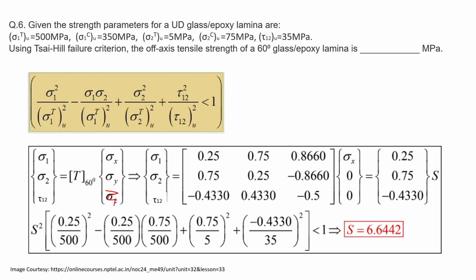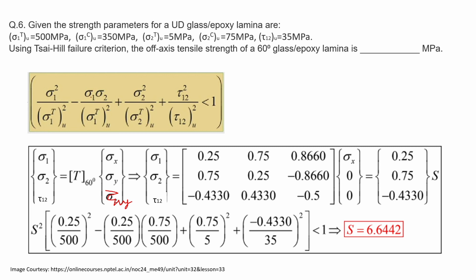Tau xy equal to 0, and then we'll consider sigma x as equal to S and use the transformation matrix because it is for a 60-degree glass epoxy lamina, and change it from the global axis to the principal axis, and then we will put all these values in the principal axis in this equation.